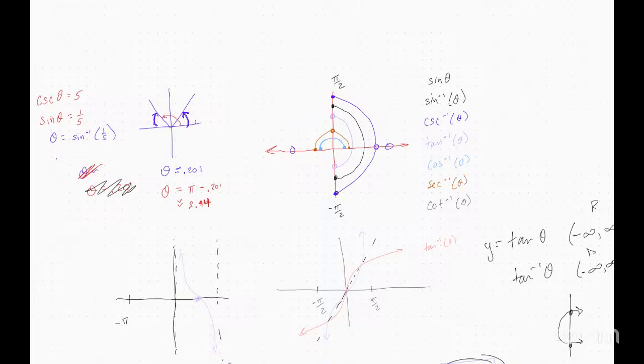So these three are all defined from 0 to 180, give or take. And these three are all defined from -90 to 90, give or take an endpoint or a midpoint. Make sense?